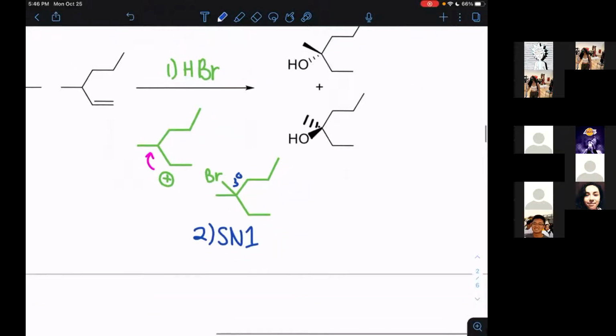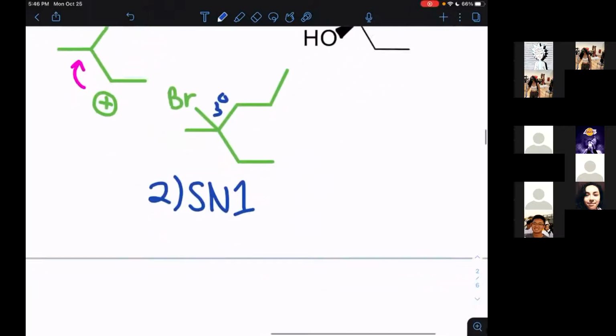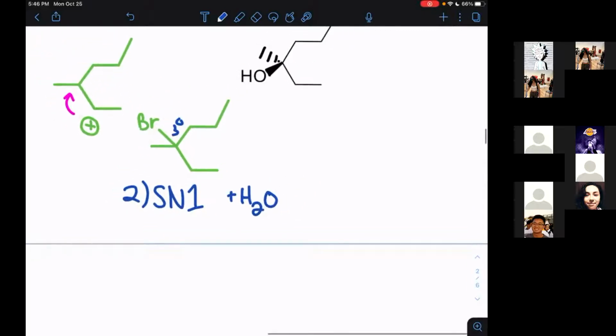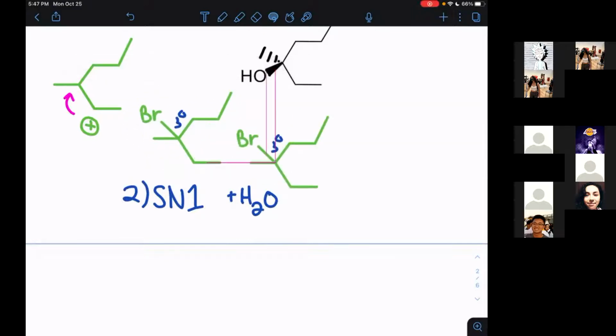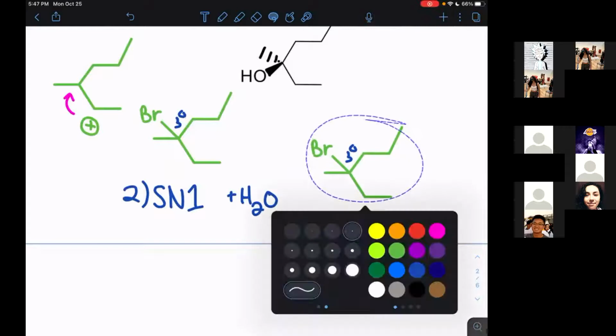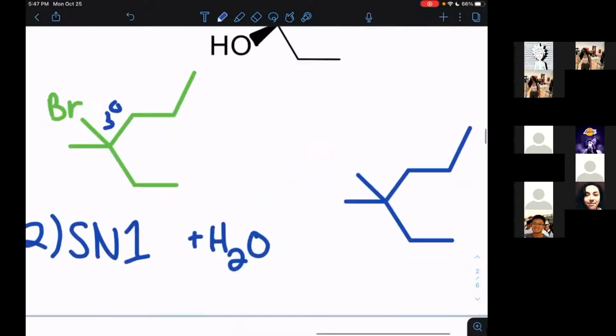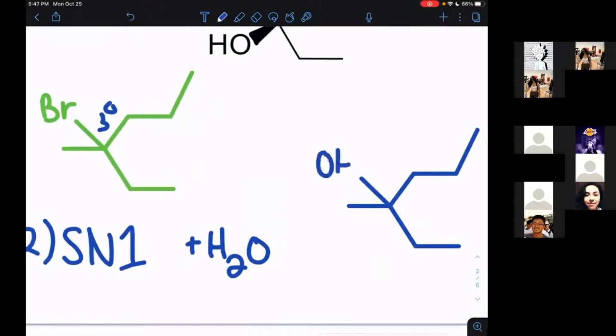So then if it's SN1, then I'll use H2O. Okay. That'll just switch this one, and then this one could be considered a wedge, and then this back one.